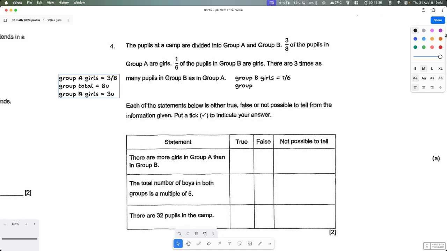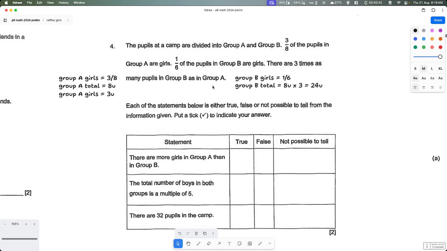Group A total is 8 units, and Group B has 3 times as many pupils as Group A, so the Group B total is 8 units times 3, which is 24 units.